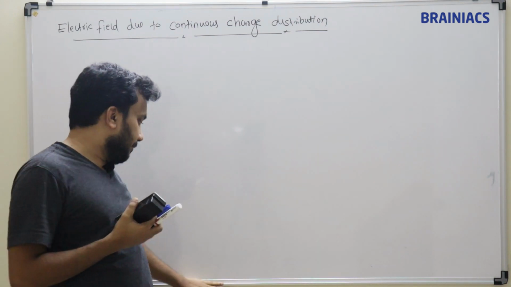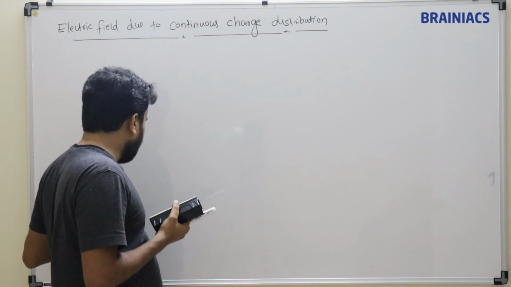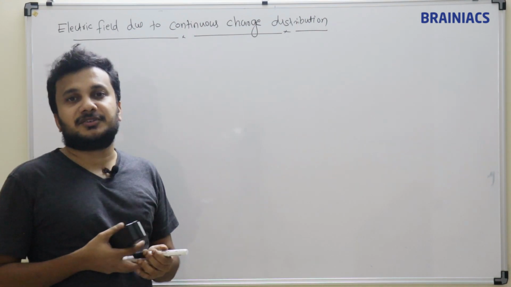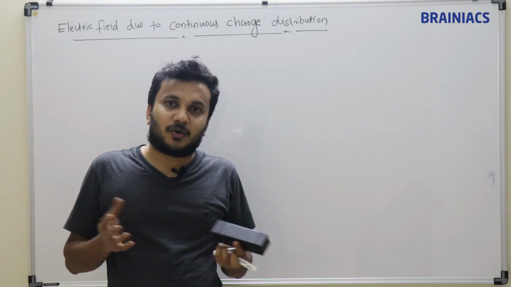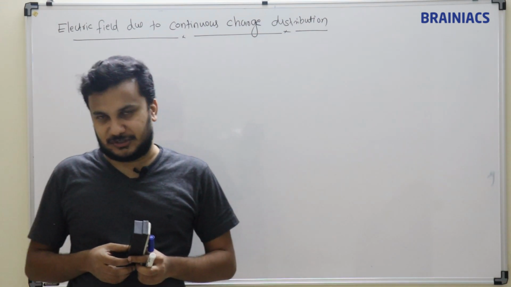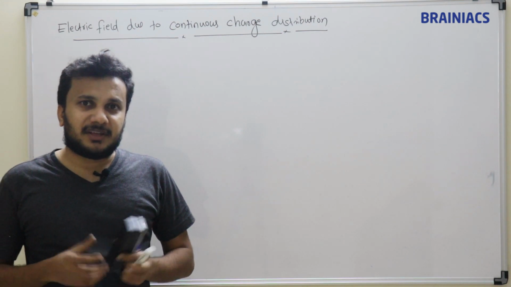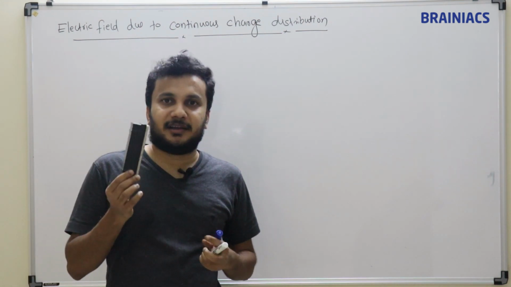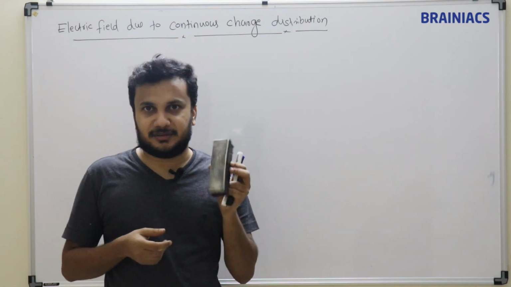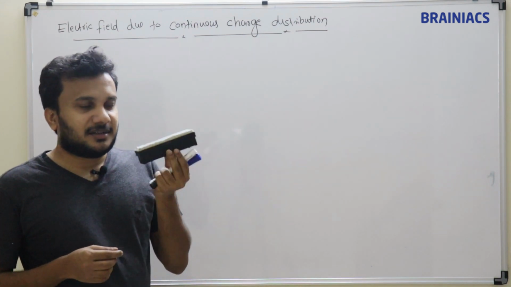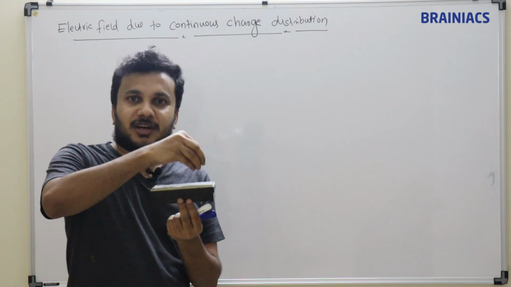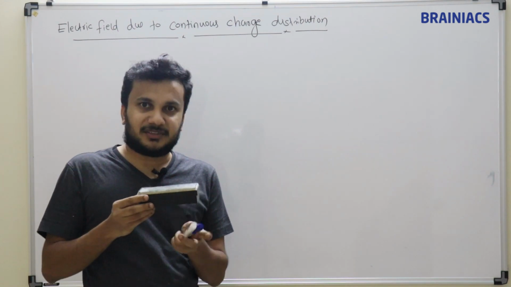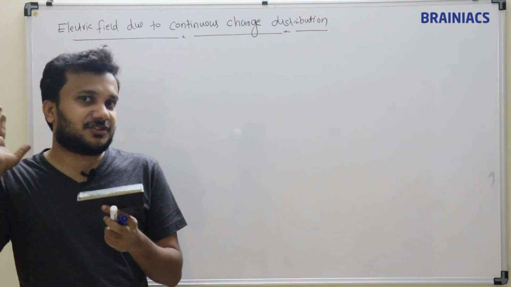In this session we are going to see that continuous charge distributions happen due to various objects, various sizes of objects. You can see in my hand a duster. Suppose I am providing some charges to this duster, by charging by conduction or charging by induction, as we learned in the first class.